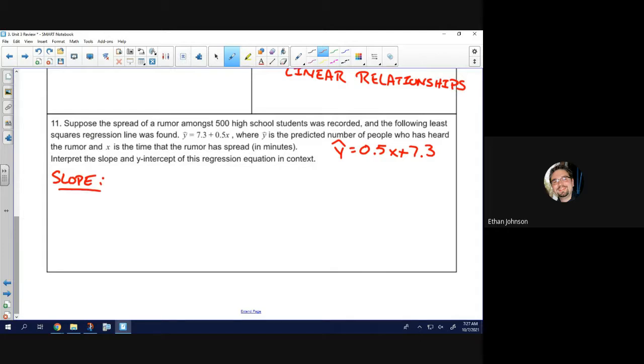So, to interpret slope, x is the explanatory variable, so as the time increases, so as time, pardon that, smartboard's all messed up today.